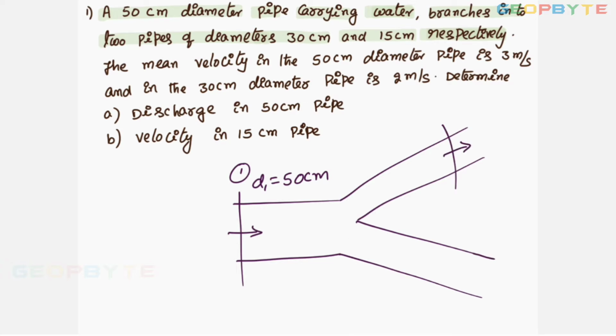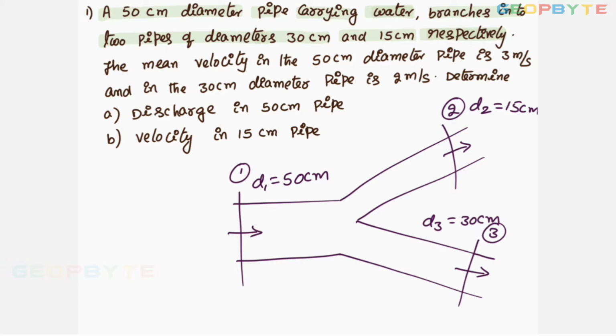This is the one branch, let this be section 2. Another branch, section 3. It branches into two pipes of diameters: the smaller one, let us assume d2 15 centimeters, the bigger one d3 30 centimeters.